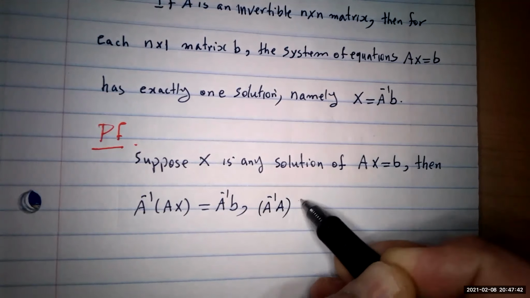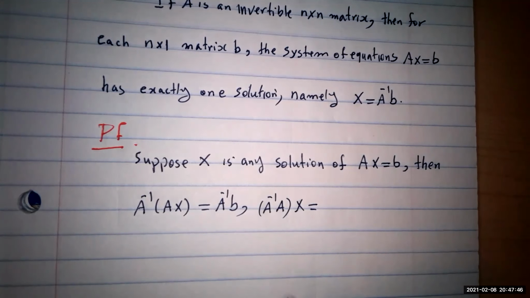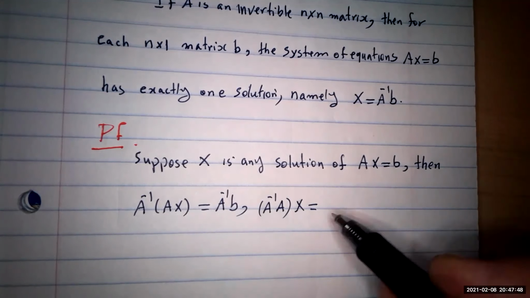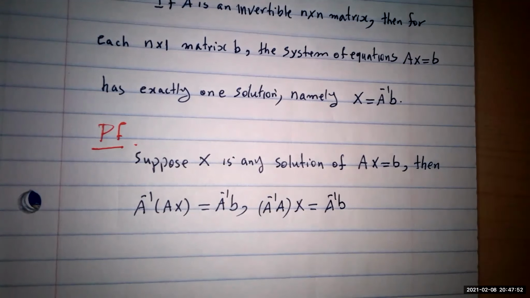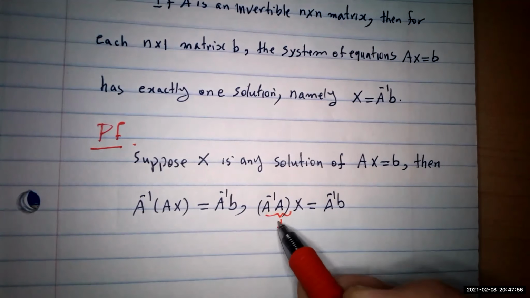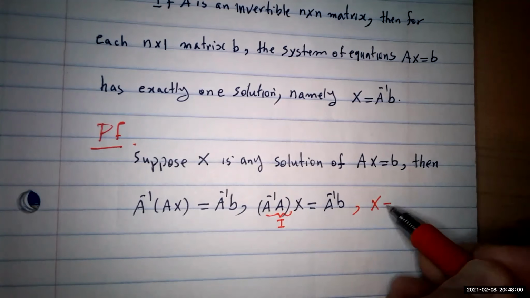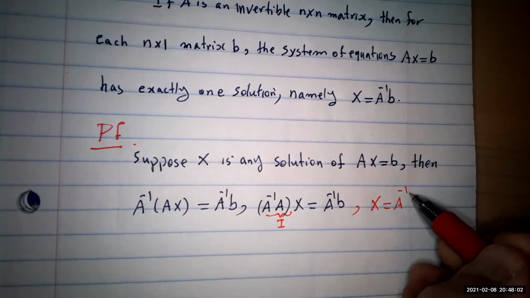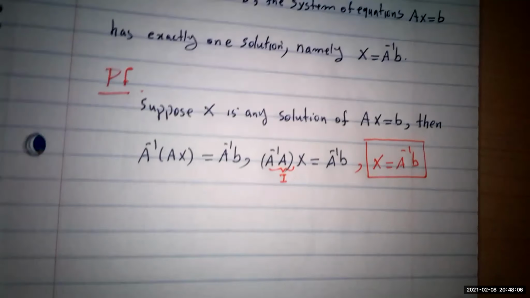That gives A inverse A times X, equal to A inverse B. But you know that A inverse A is the identity, like 1, and IX is X. So X would be A inverse B. So any solution of this system must be in this form.